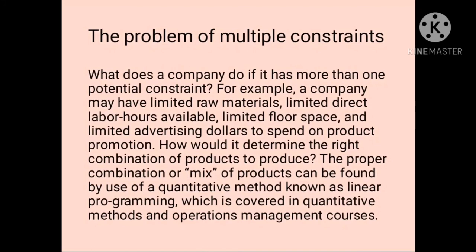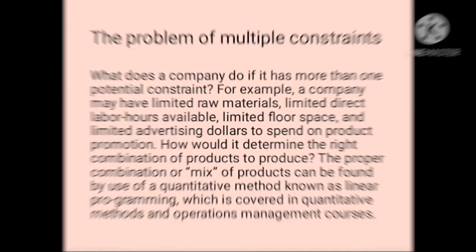How would it determine the right combination of products to produce? The proper mix of products can be found by use of a quantitative method known as linear programming, which is covered in quantitative methods and operations management courses.